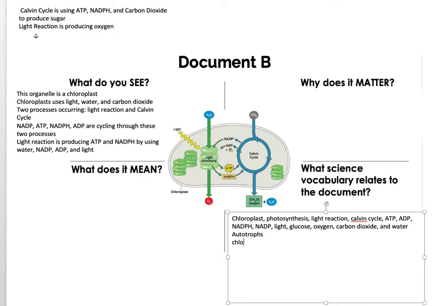Chlorophyll is used in this process. There's another term for the Calvin cycle. The Calvin cycle can also be called the dark reaction or the light independent reaction.